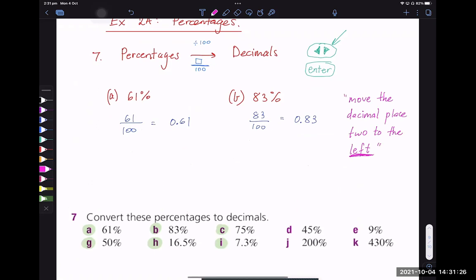But you'd rather just do it divided by 100 and then check with the calculator, okay? Just to be safe.